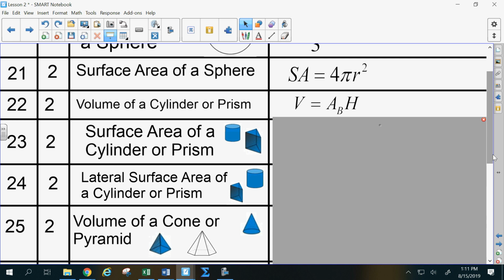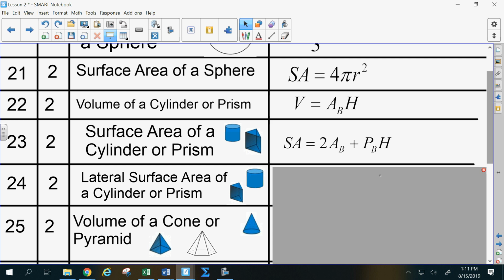The width or the base of this rectangle is the same as the perimeter of that base. So our formula for surface area is 2 bases plus the rectangle, the perimeter of the base times the height. Lateral surface area means don't include the bases, so don't include these 2 bases, just include the perimeter of the base times the height.